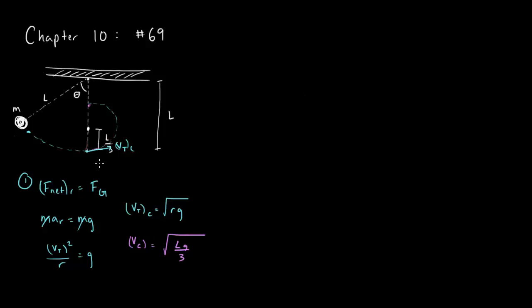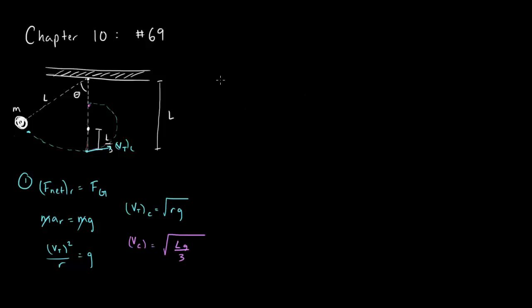Perfect. Now the second part of this problem is to actually find the height at which to release it. So the easiest way to do this is with conservation of energy principles.